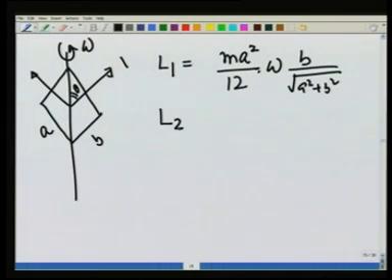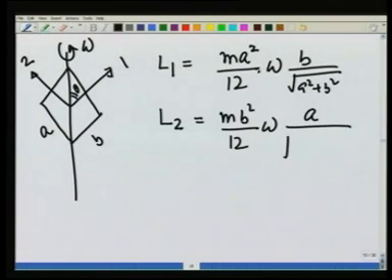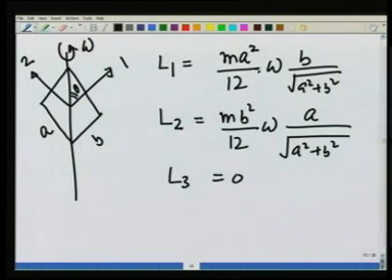Similarly, L2, this is axis 2, is going to come out to be m b square over 12 omega sine theta, which is a over square root of a square plus b square, and L3 is 0. So, you have gotten L1, L2 and L3.